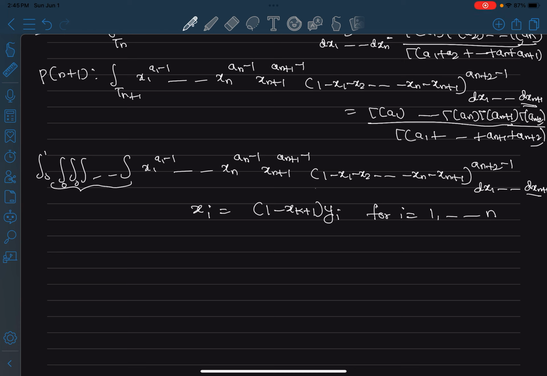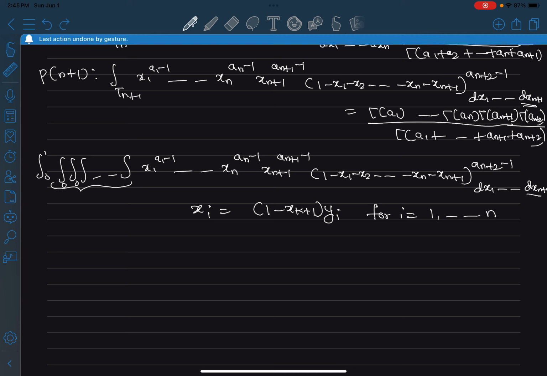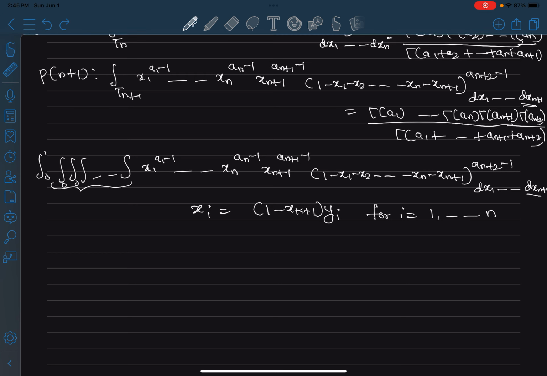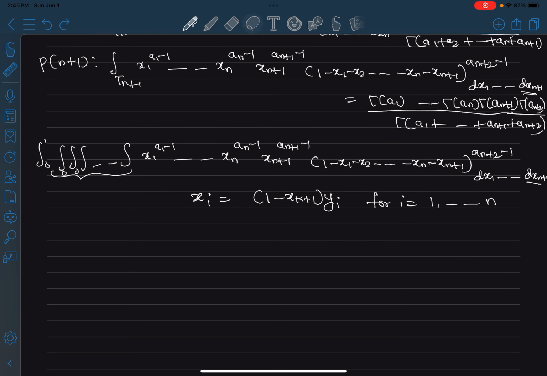Also, this thing over here will simplify. We will see how. So let's do it. In this case, it's not k, actually, it's n plus 1. How it will simplify is, all of these will basically carry a 1 minus x_{n+1} with them, and there's also 1 minus x_{n+1}. So you'll have 1 minus x_{n+1} over all this, and then minus again 1 minus x_{n+1} over all of them times y1 plus y2, all of it.